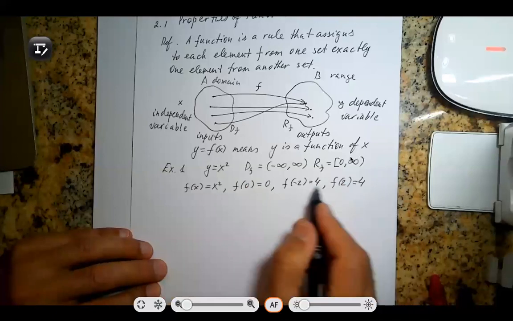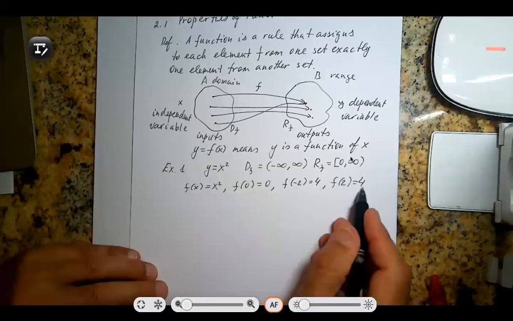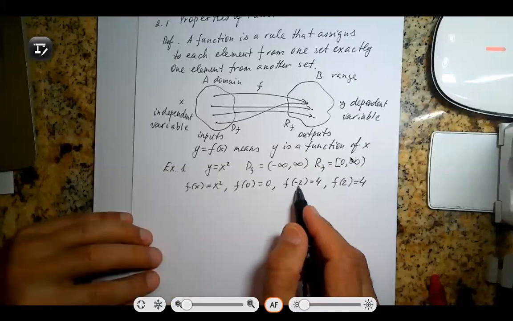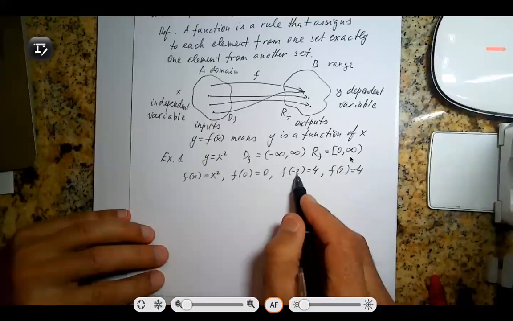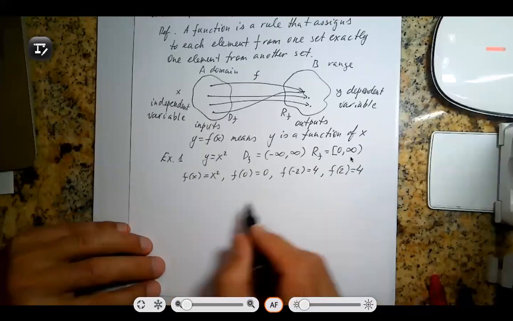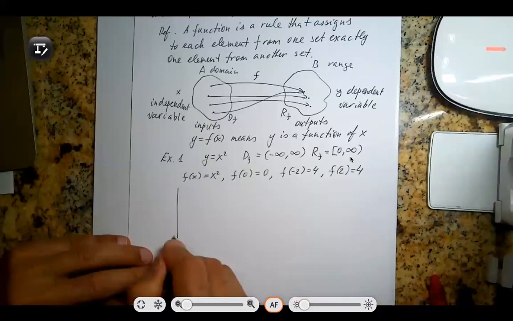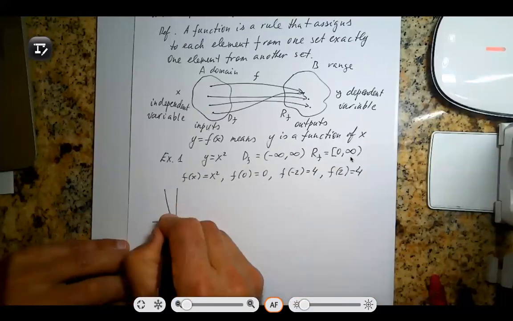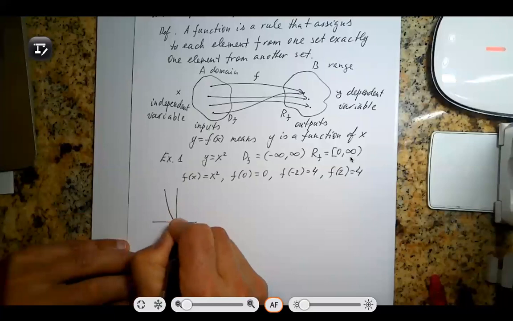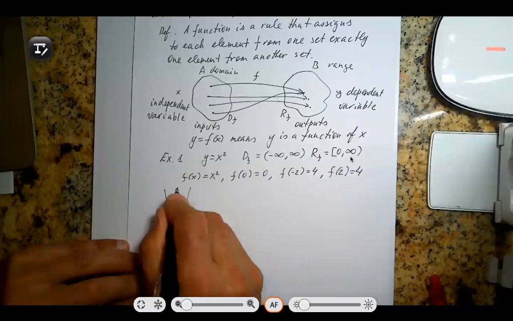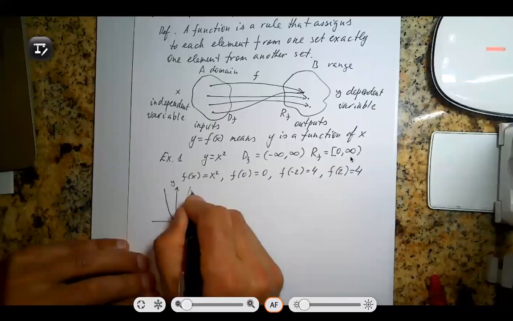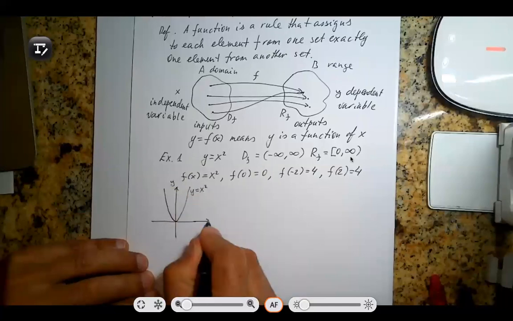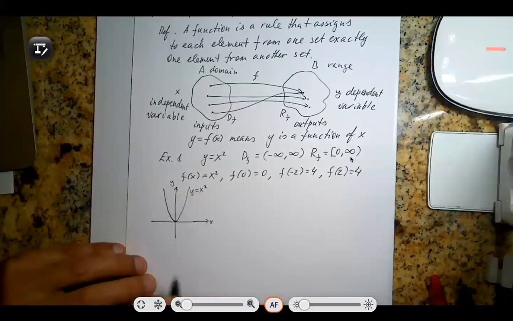So two different elements, minus 2 and 2, go to 4. But it's okay because every input has one output. If you graph it, it's a parabola. So y equals x squared, vertex at the origin.